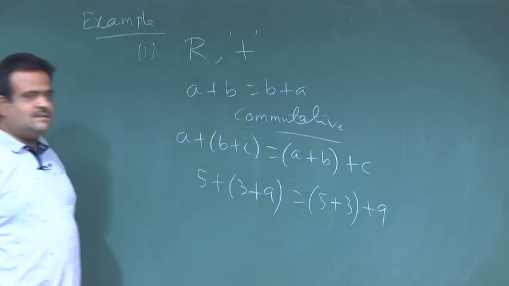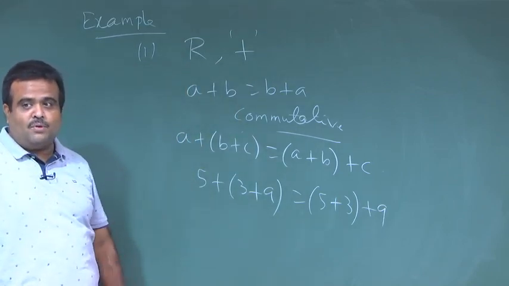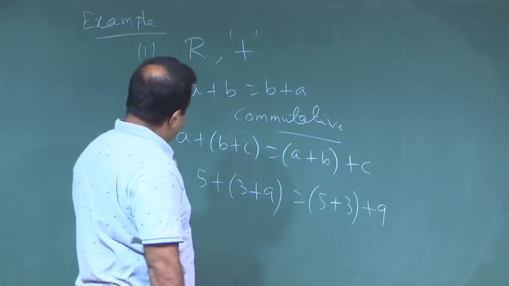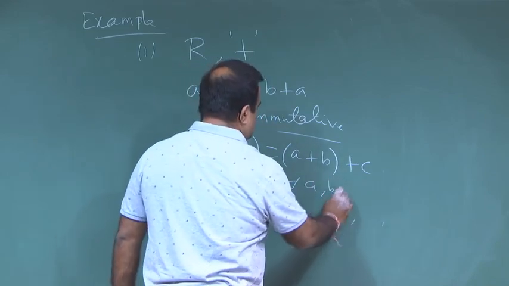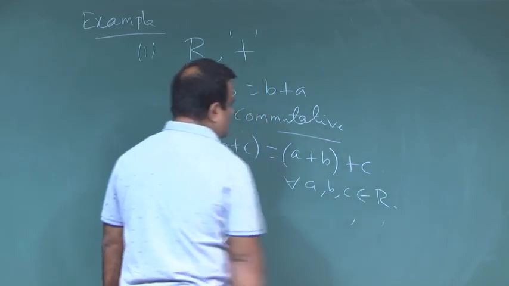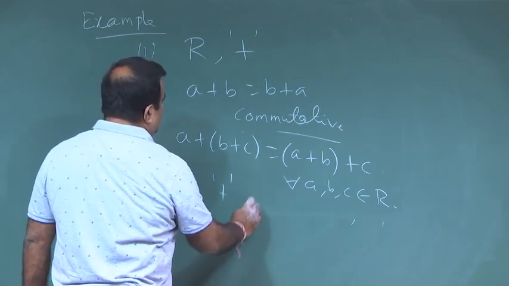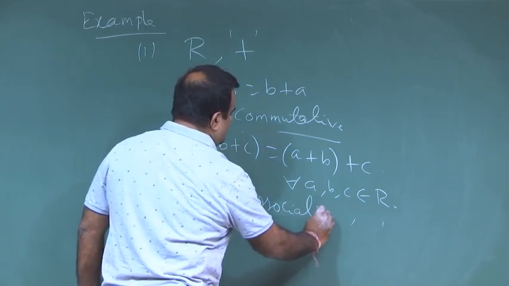So, this plus is associative; this is coming from the property of real numbers. This is true for all A, B, C. Okay, so plus is both commutative and associative.